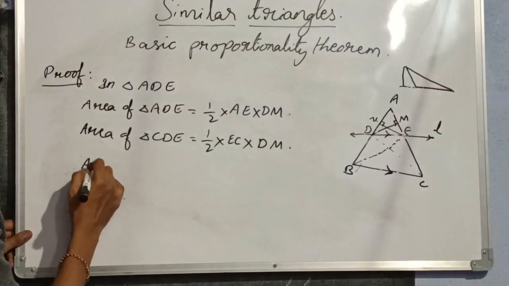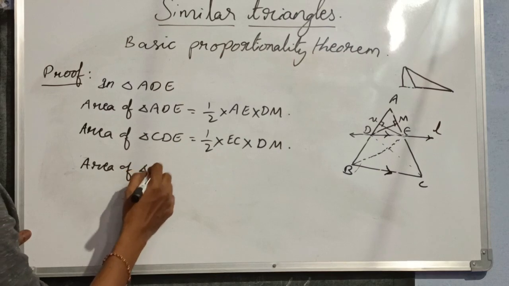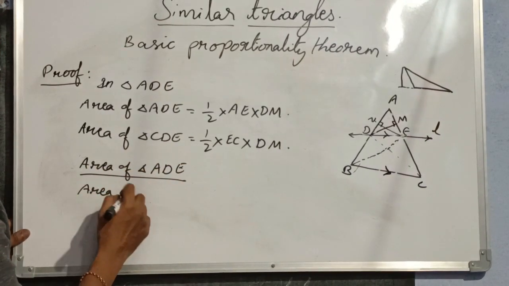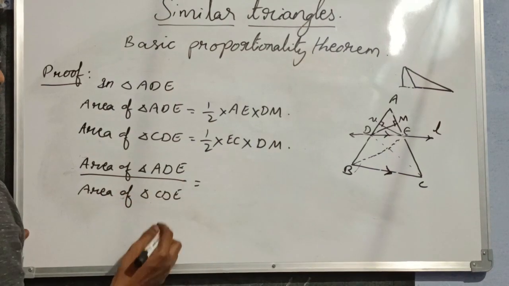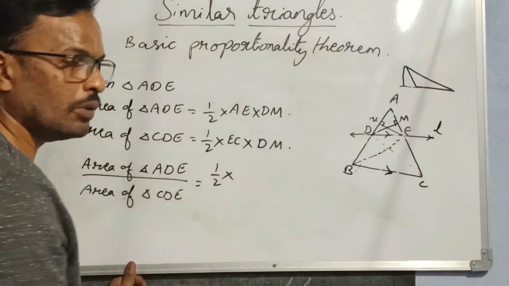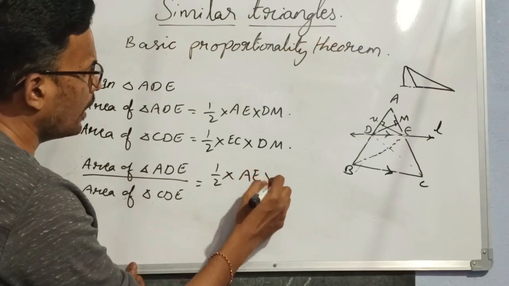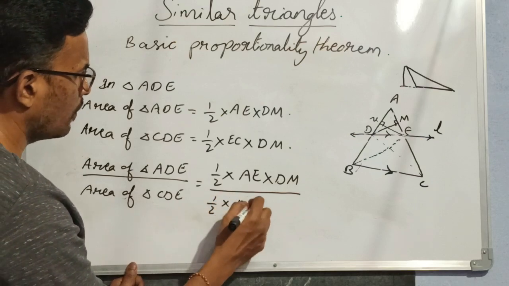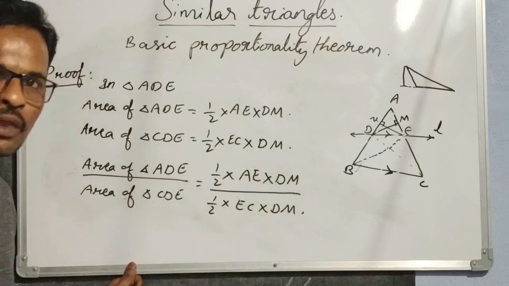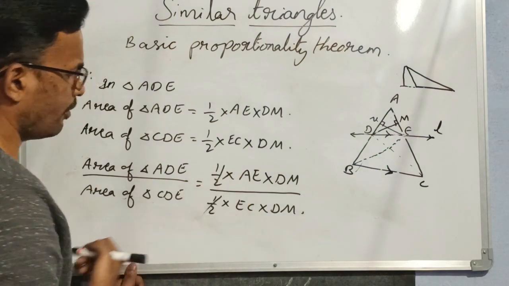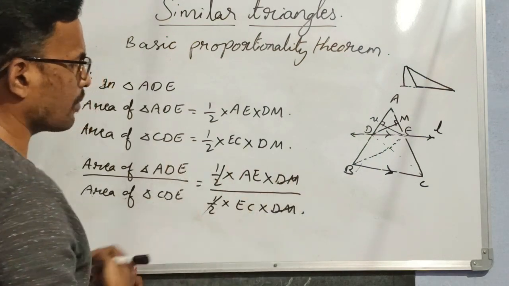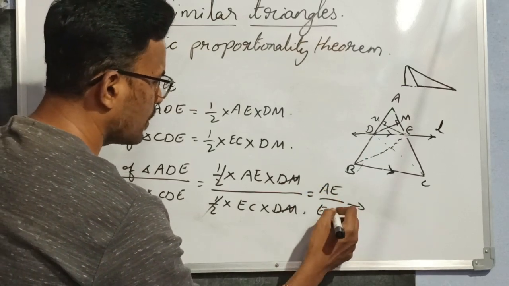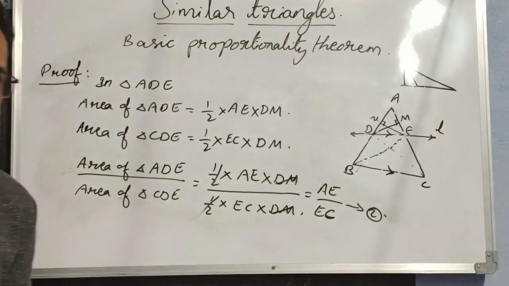Now divide: area of triangle ADE by area of triangle CDE is equal to half into AE into DM by half into EC into DM. Half gets cancelled, DM and DM get cancelled. What remains here? AE by EC. This is equation 2.